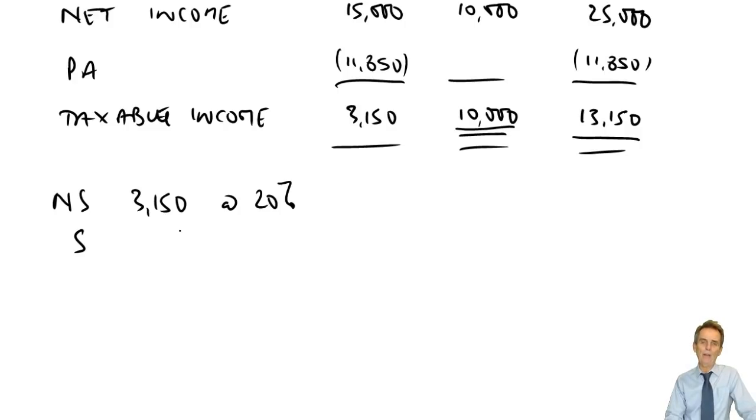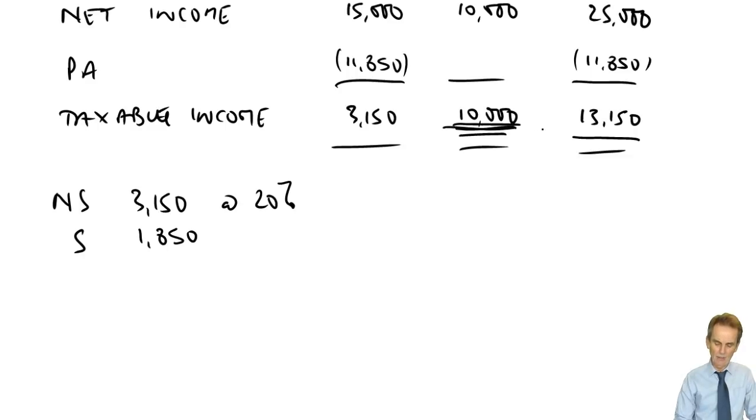Therefore, some of that 5,000 starting rate is available. Now then, how much? We've got 3,150 of the first £5,000 of taxable income being non-savings. Therefore, of the first £5,000 of taxable income, just £1,850 of that will be deemed to be out of this total £10,000 of taxable savings income. So that 1,850 will benefit from the starting rate.